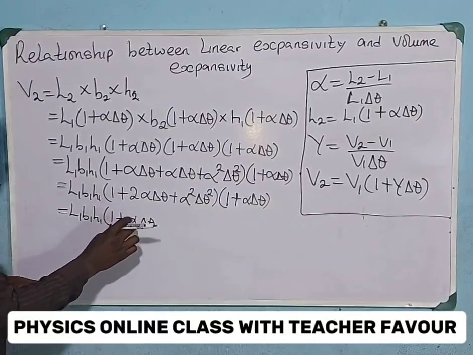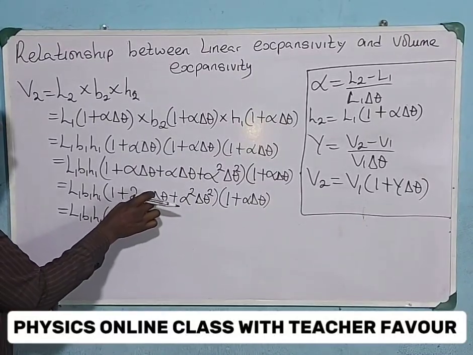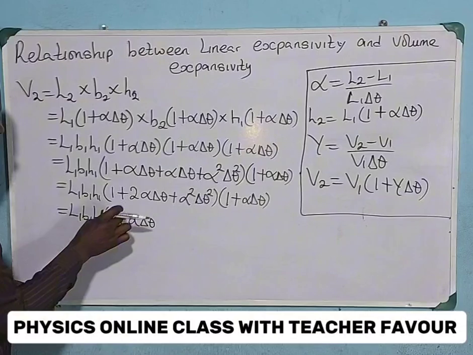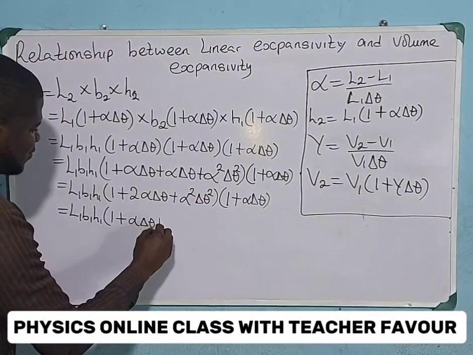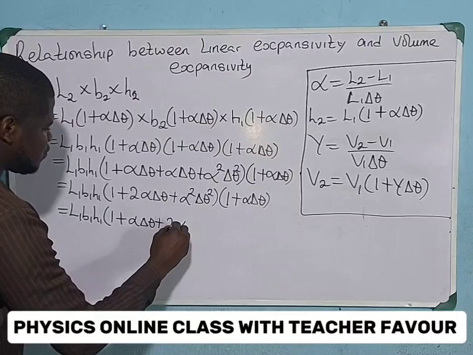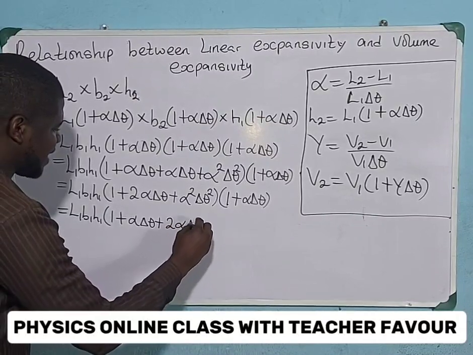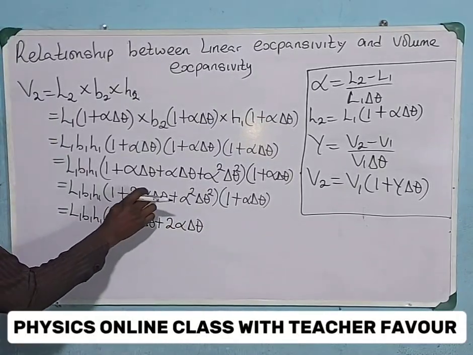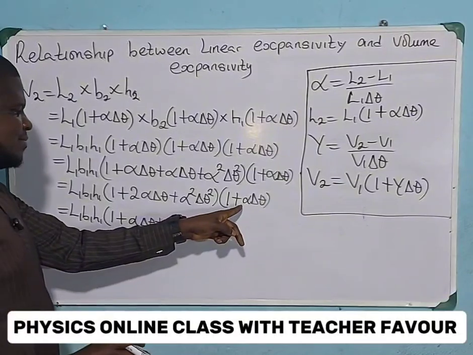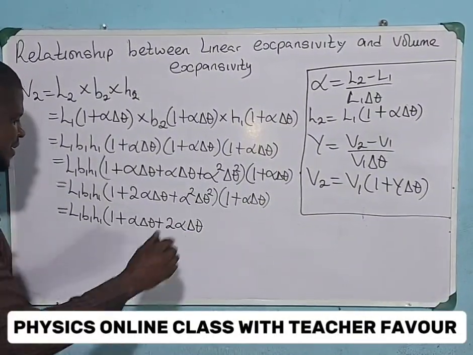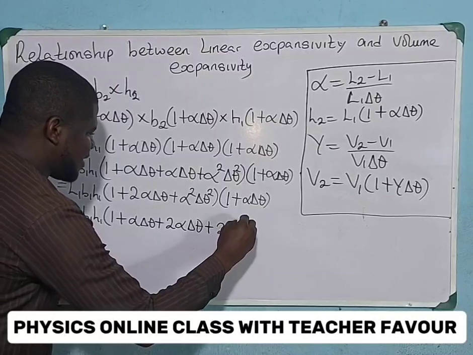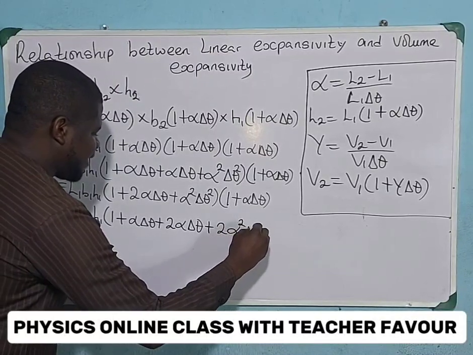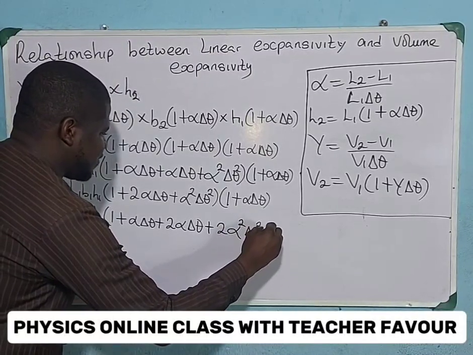We now go over to this. 2 times alpha delta theta. 2 times alpha delta theta times 1 will be plus 2 alpha delta theta. 2 times alpha delta theta times alpha delta theta will be plus 2 alpha square delta theta square.